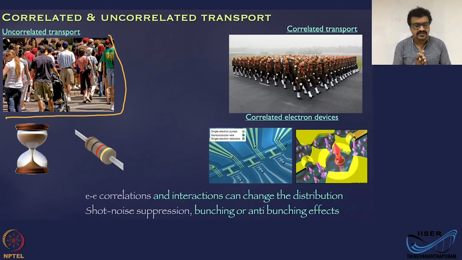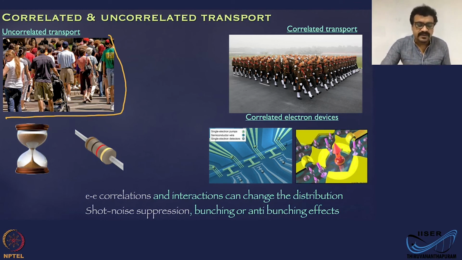And what you would see is there is no correlation between the people crossing the road or walking near each other. What that means is there is an average number and there is a distribution to it. And there is nothing interesting. It will be a symmetric distribution.